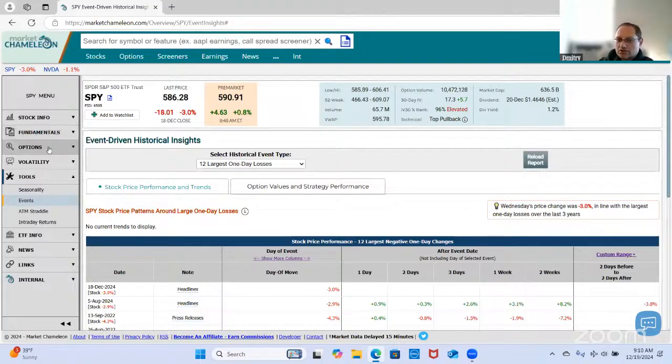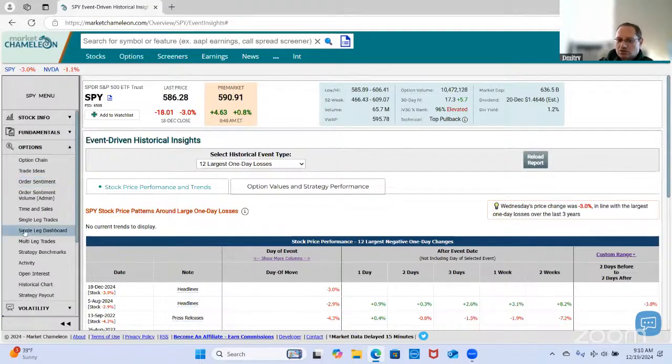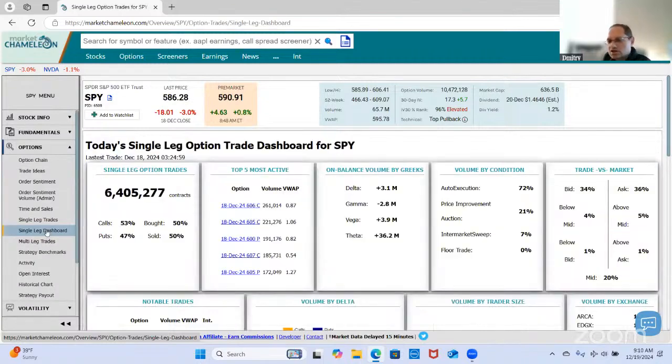So we're going to go under options, and let's use our single leg dashboard. We talked about it a couple times, where we look at the option volume from the perspective of just single leg trades, buying call or put. It takes away the volume for the multi-leg trades, contingent trades, and we get all these statistics on it over here.